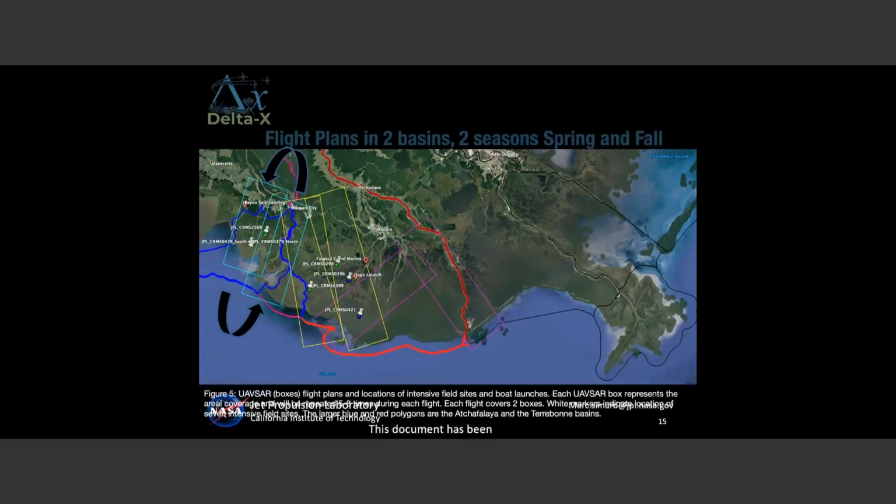In the spring, we have high discharge of the Mississippi River Delta, and we have low vegetation. So vegetation has senesced, it's dead. And then in the fall, which was for us the end of August, we have low discharge of the Mississippi River Delta, but peak vegetation biomass. Okay, so we have 2 extreme states of the system.